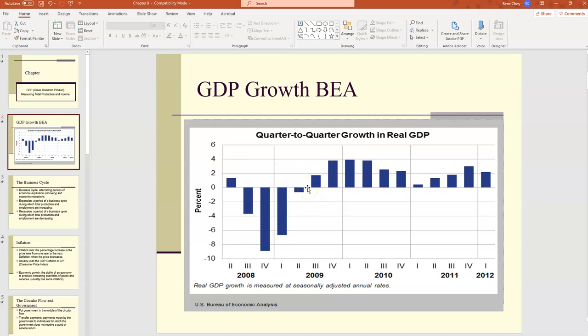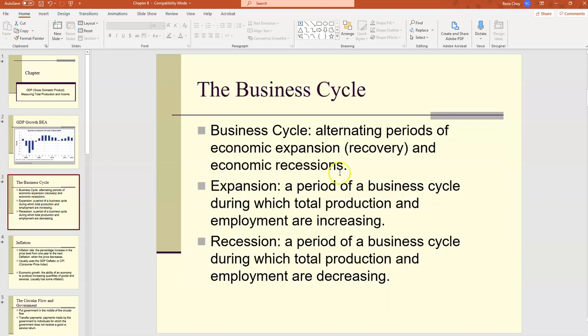When the economy is in recession, and this is a picture taken around 2008, the economy would show a negative GDP growth rate, like you see here. This behavior of economic activity declining, then expanding, then declining, we call the business cycle. The business cycle is basically alternating periods of economic expansions and economic recessions that follow one another.